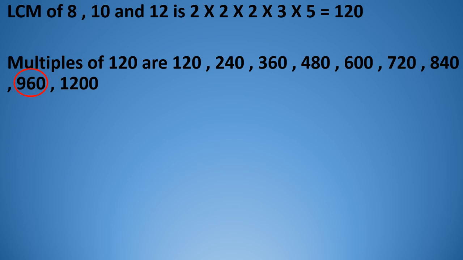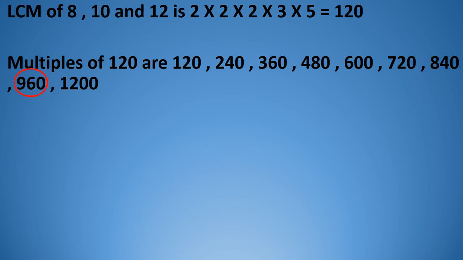Now we have to find out the greatest 3-digit number. Smallest is 120 itself only, but we have to find out the greatest. So write down the multiples of 120. 120, 240, 360, 480, 600, 720, 840, 960, 1200. These are the multiples.